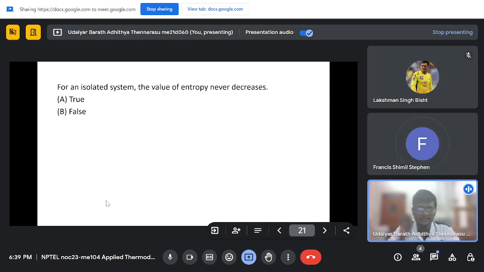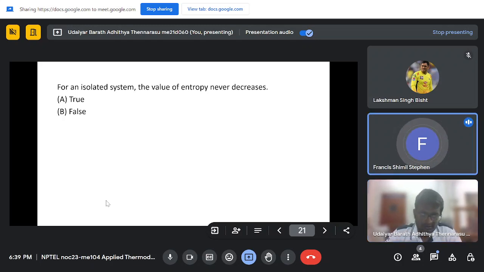Moving on. You said that free expansion will be an irreversible process, isn't it? Yes. Then polytropic expansion and adiabatic expansion are termed reversible. Is there any reason for that difference?